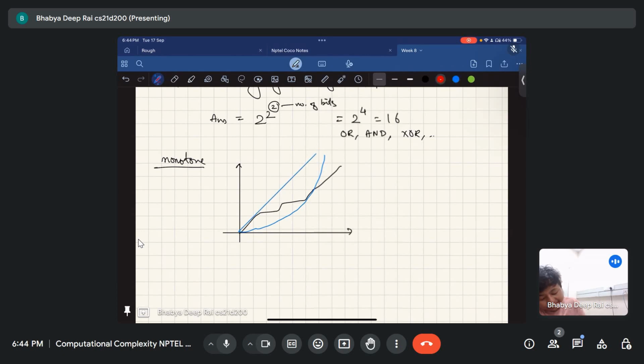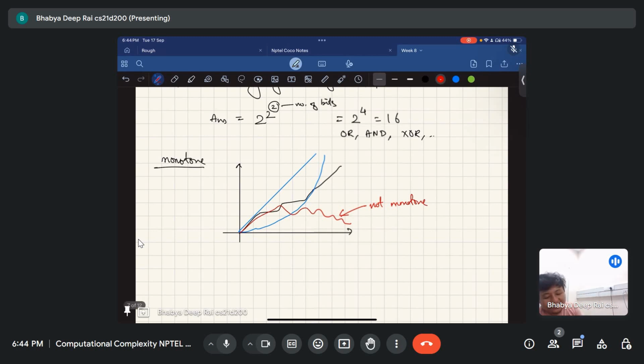But something like this is not monotone, because it decreases down.